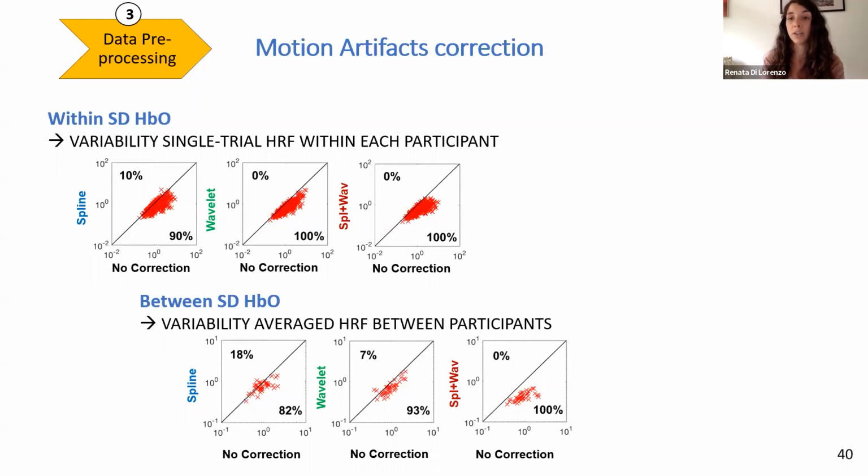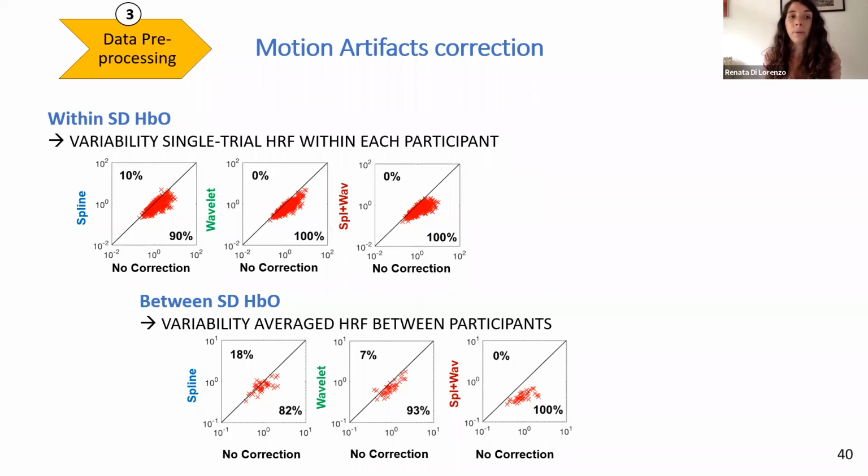Again, the assumption here is that most of the variability would be due to motion artifacts. So looking at the first set of data that I showed you, the simulated data set and a real cognitive data set, the combination of spline and wavelet seems to work better than when you take them alone.